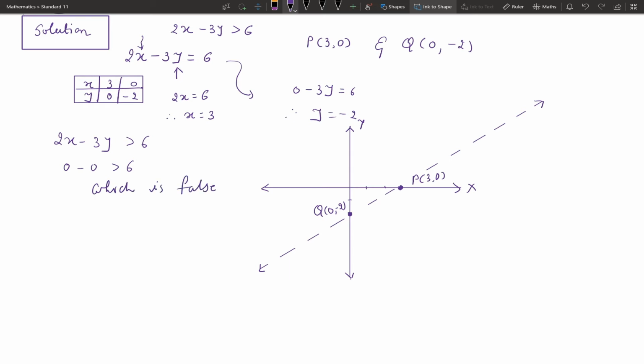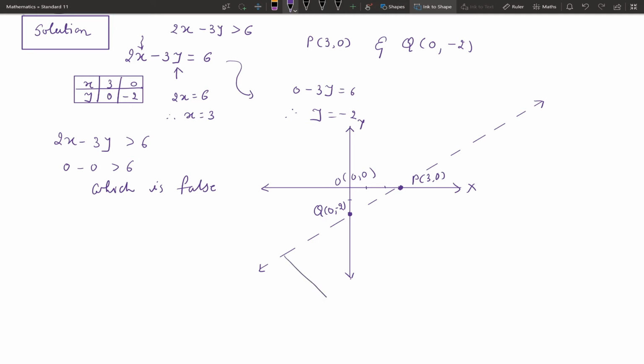So the coordinates of the origin do not satisfy the inequality, so the solution part does not contain the origin.